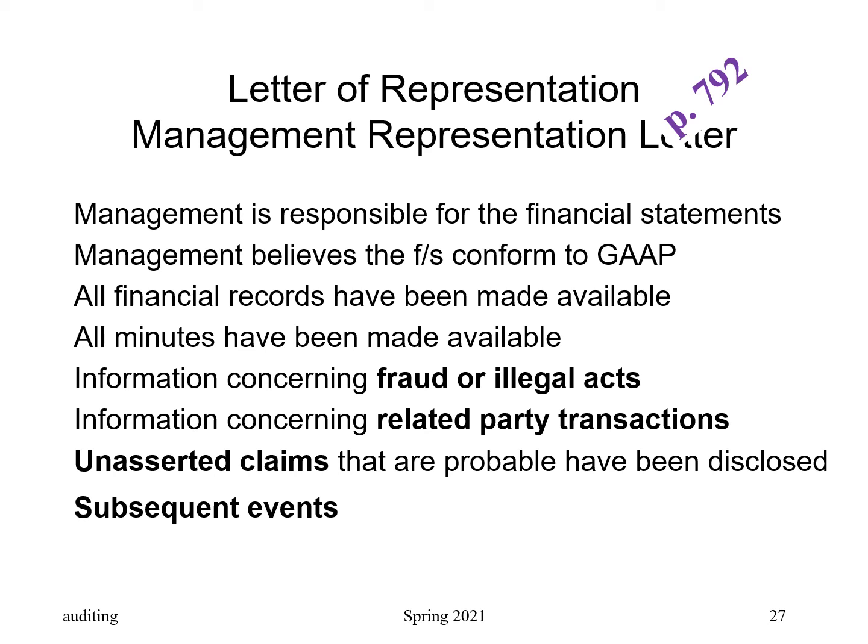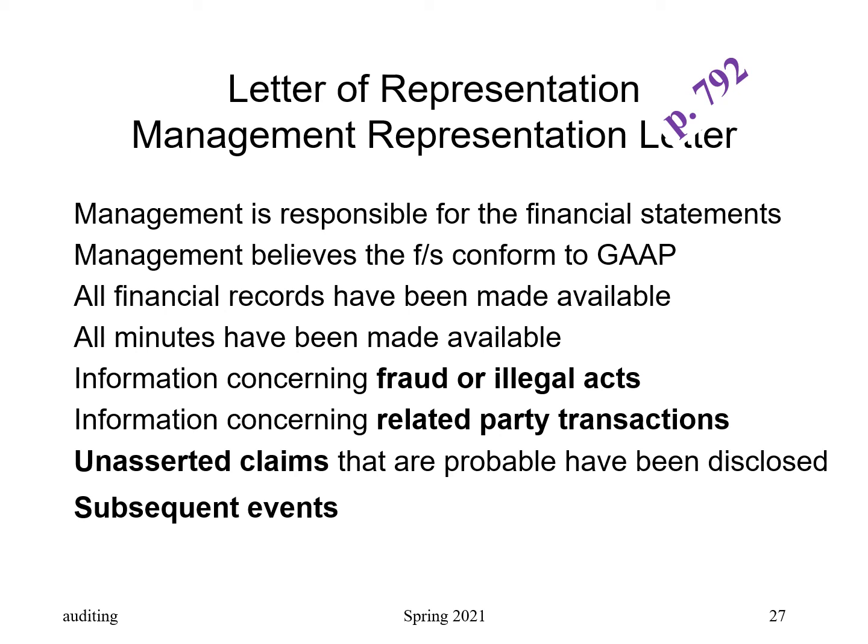All information concerning fraud or illegal acts of which the client knows has been shared with the auditor. All information concerning related parties and related party transactions has been disclosed to the auditor. Lawsuits and unasserted claims that are probable have been disclosed to the auditor.